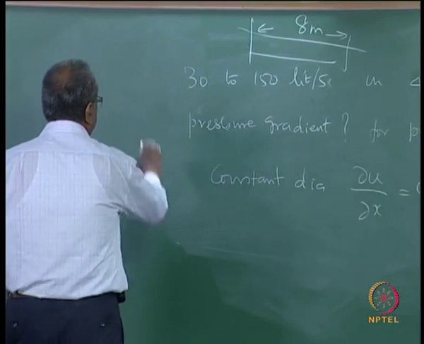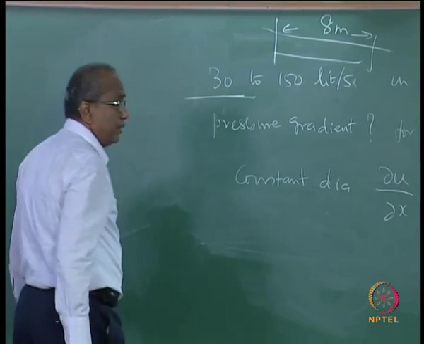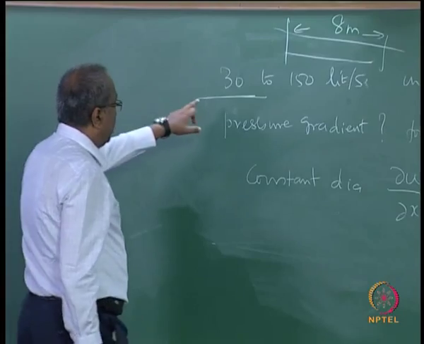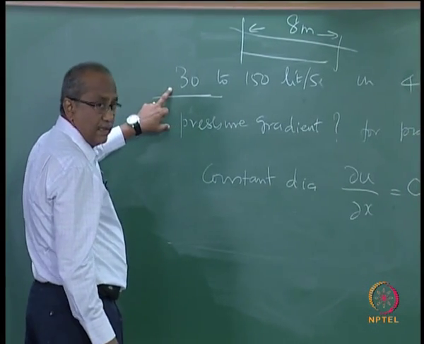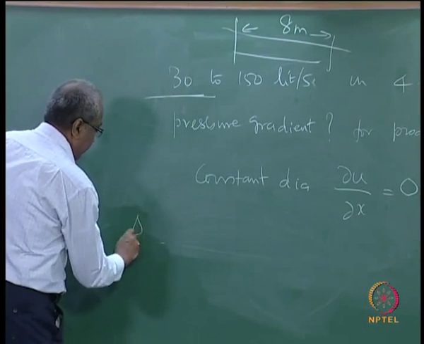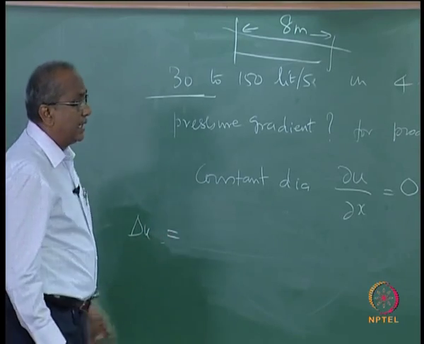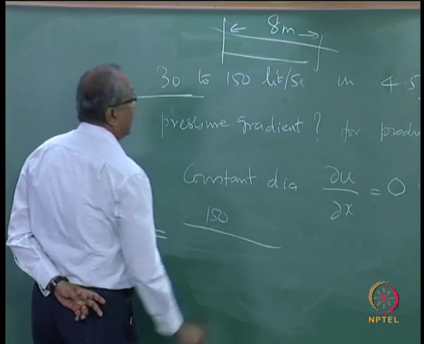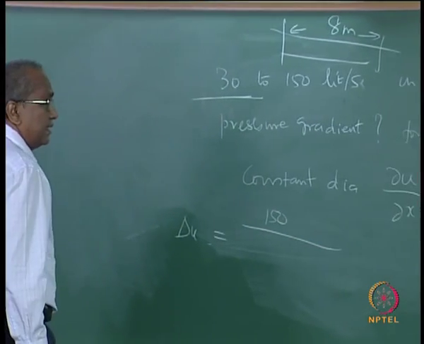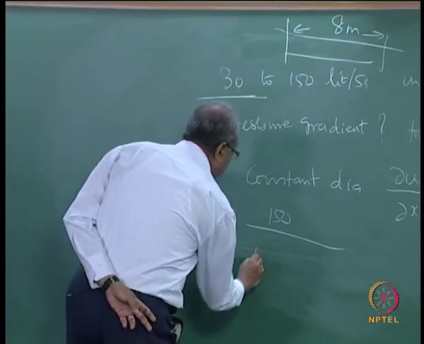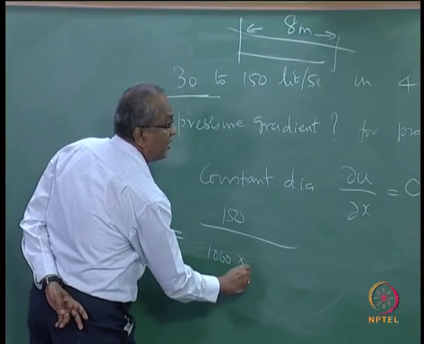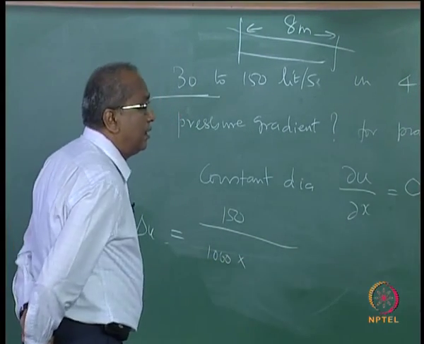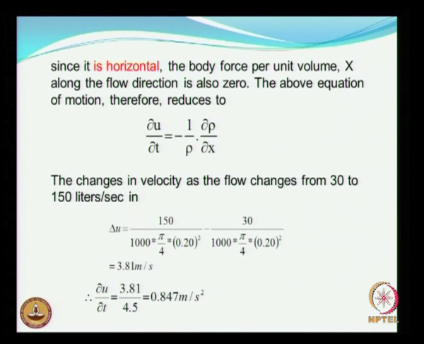Because the diameter of the pipeline is known to you, you can calculate the area. The velocity is as shown here: 150, that is the discharge, divided by pi by 4 into diameter square.